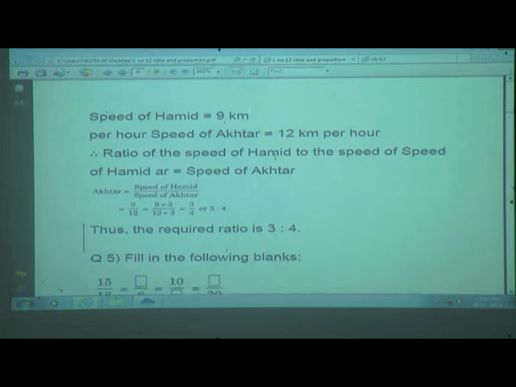Ratio of speed of Hamid to the speed of Akhtar is 9/12. So 3 3s are 9, 3 4s are 12, we get 3 by 4. The ratio is 3:4.